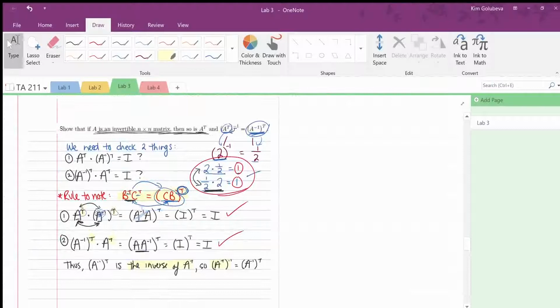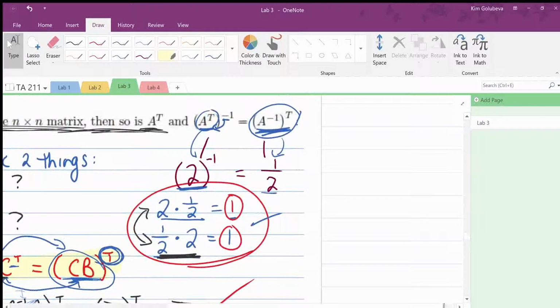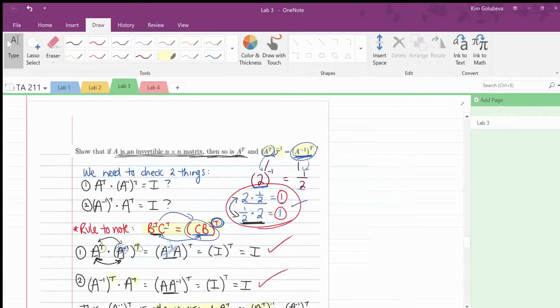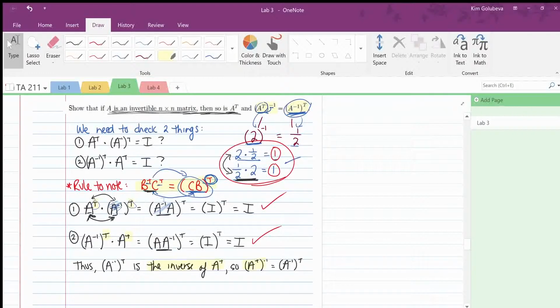So approaching these problems, you just really have to break down what these notations are saying here, and from there, well, in this case we had to use these two cases here.